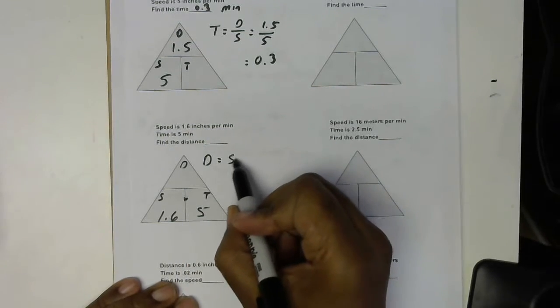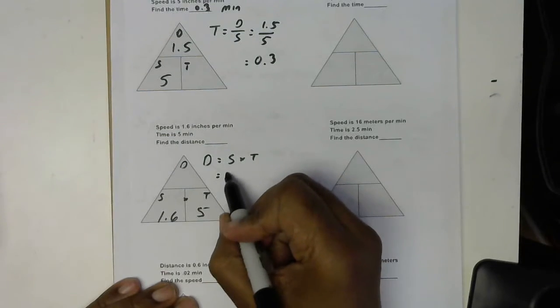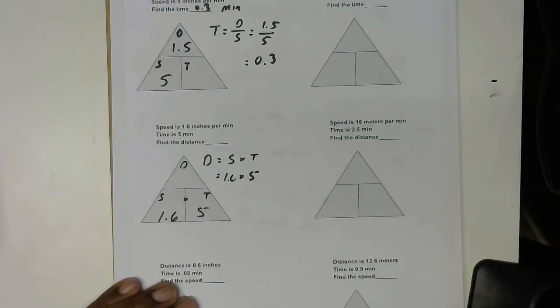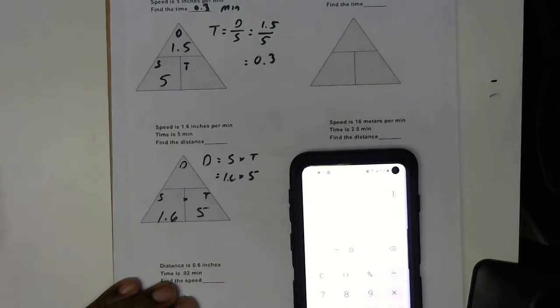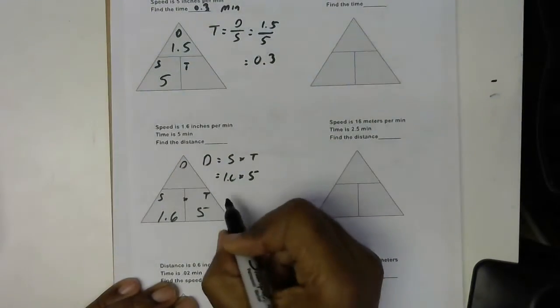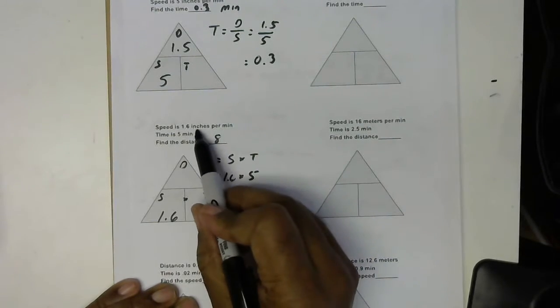So this will be s times t. So s being 1.6 times time being 5. We're going to take 1.6 and multiply it times 5, and we get 8. So the distance is 8 what? The speed is in inches per minute, so the distance will be inches.